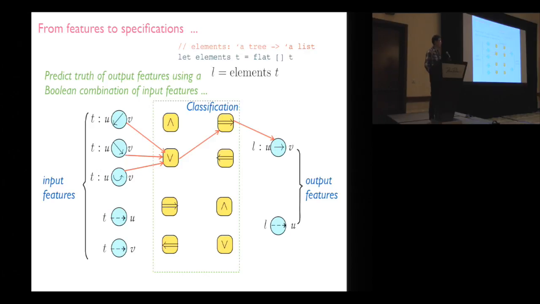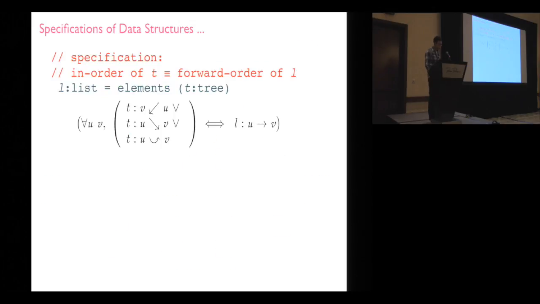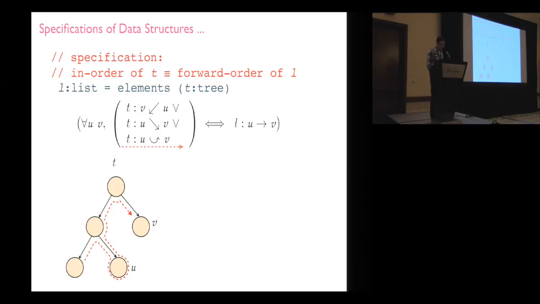And indeed, we can associate U and V, or V is a child of U, or then the reverse is also true. More importantly, this specification is formal.